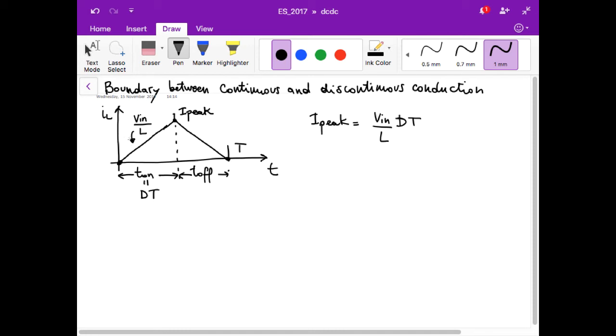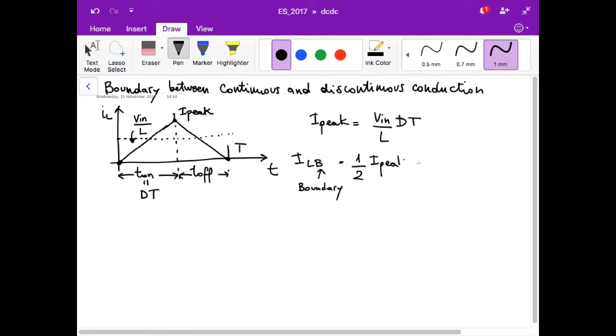And the average current at the boundary, we call it ILB, where B stands for boundary, is equal to 1/2 of the peak current.